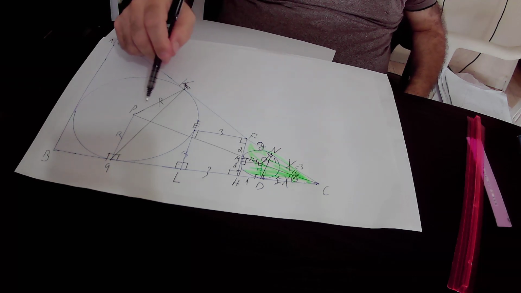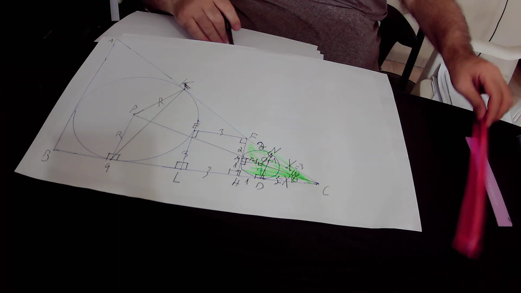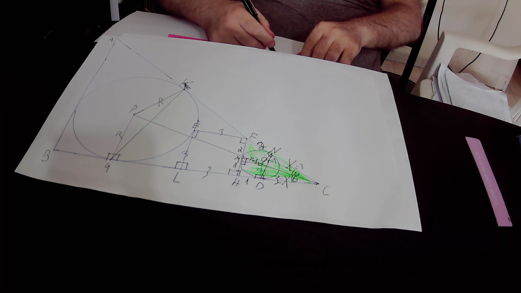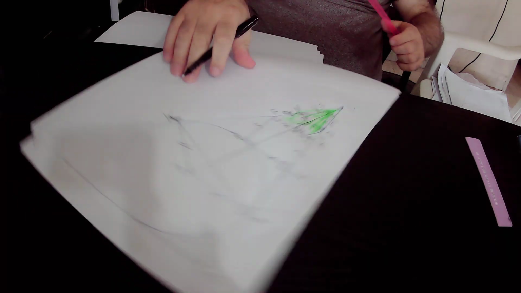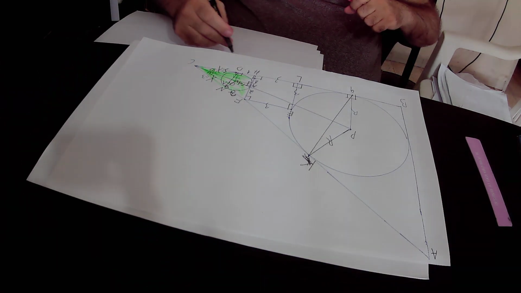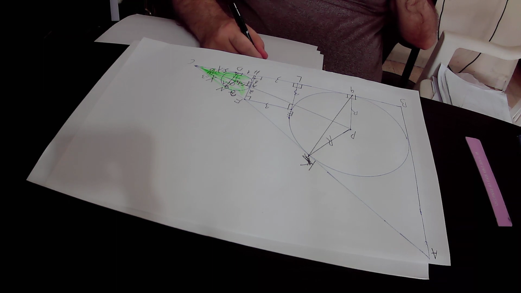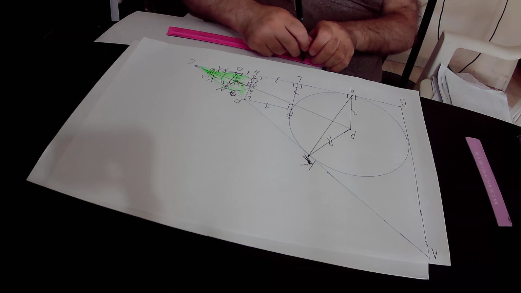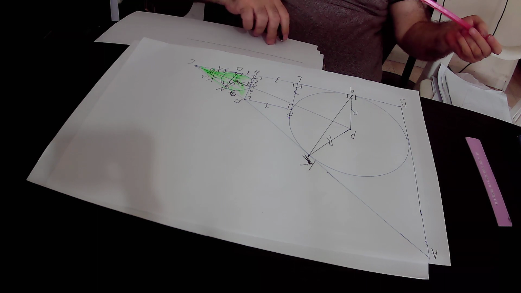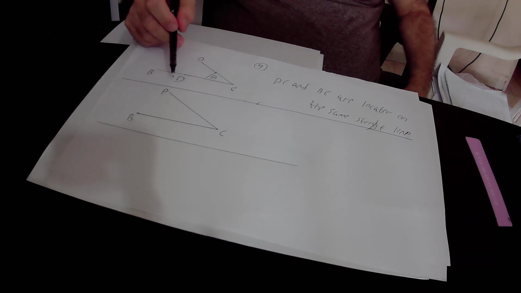We have the second leg and the second angle, that is angle PCB. This is the big angle PCB.